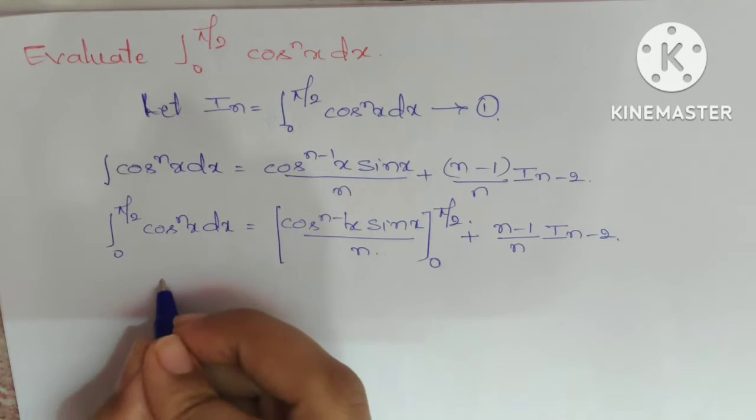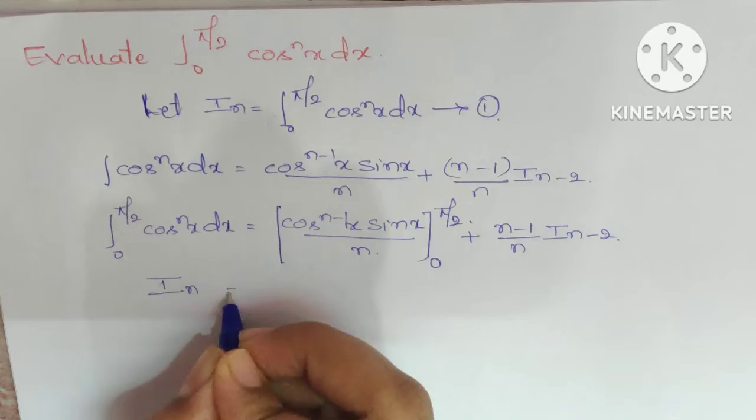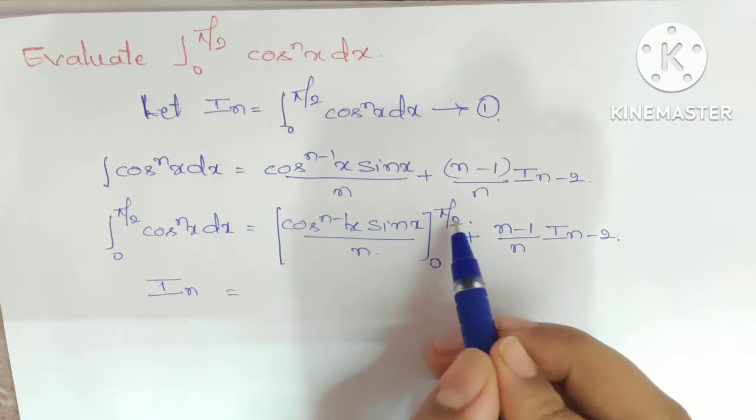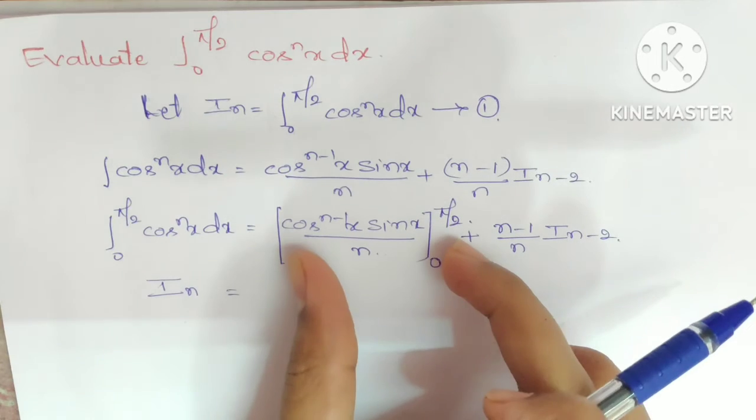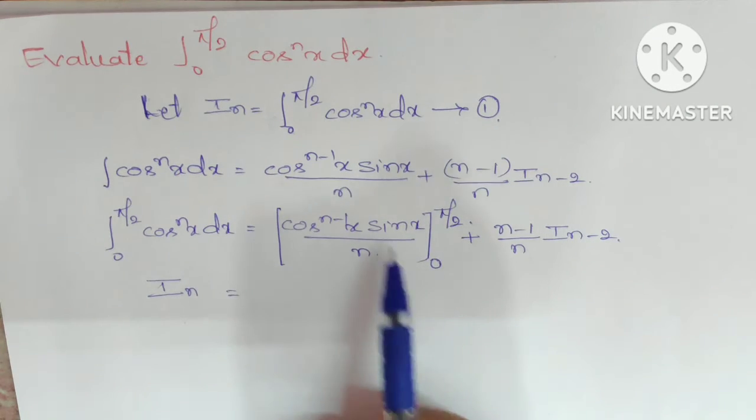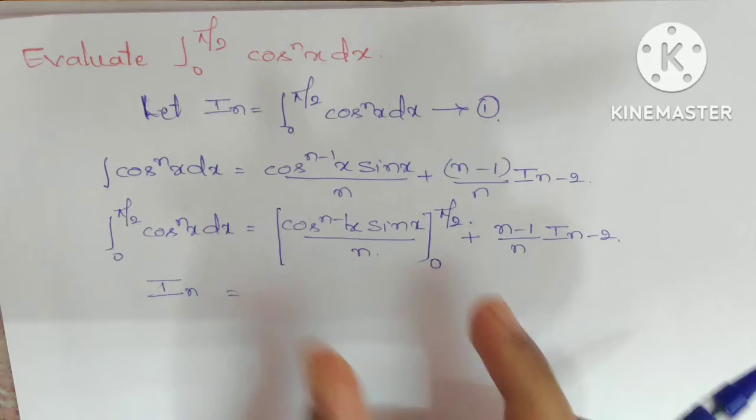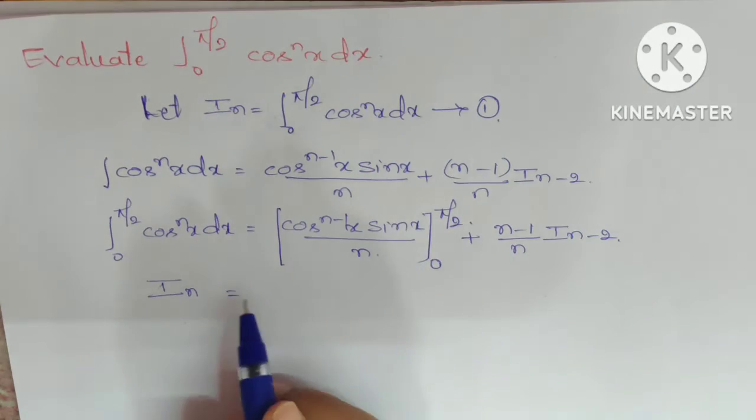So this becomes, from equation 1, I_n equals, students, here cos pi by 2 is 0, upper limit, after applying the upper limit we get 0, minus sin 0 is 0. So this whole term will become 0.